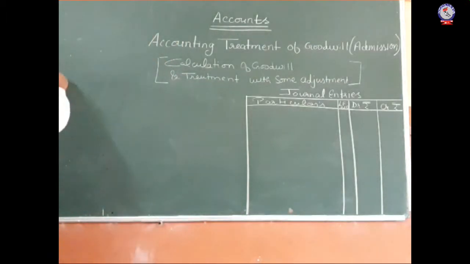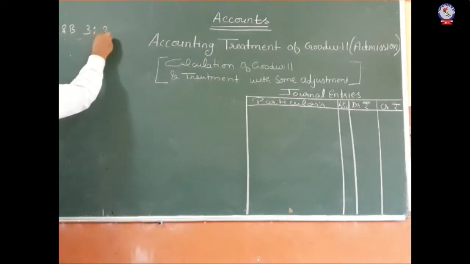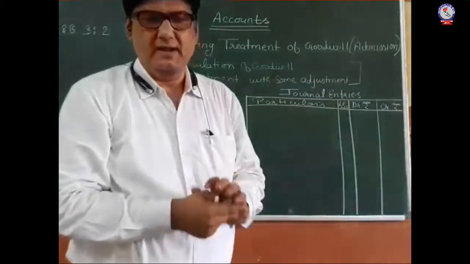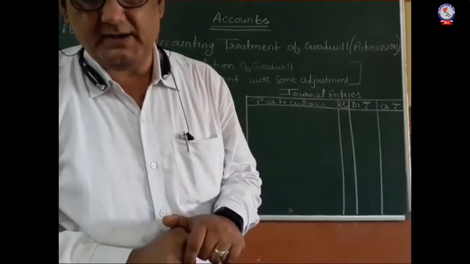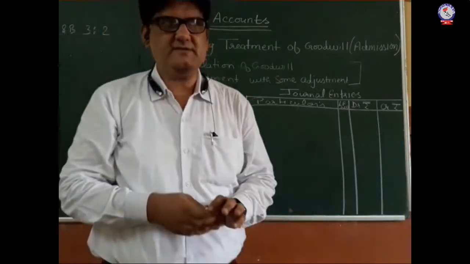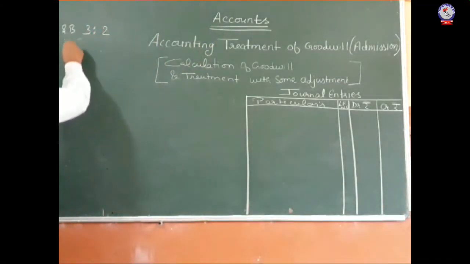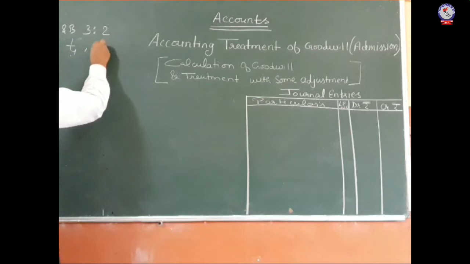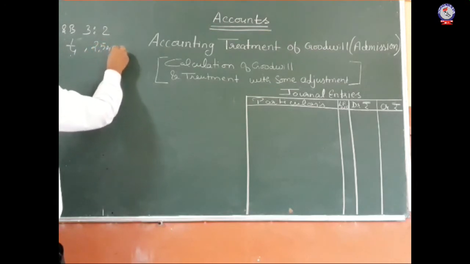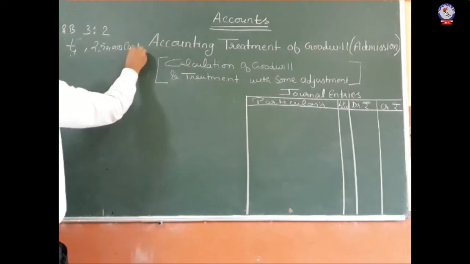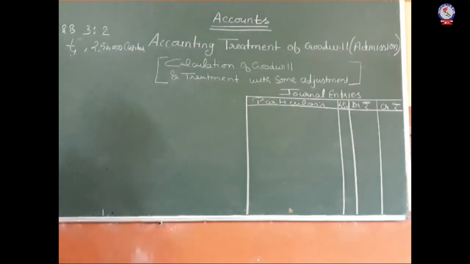There are two partners, A and B. Now they admit C. C is admitted in the partnership for a 1/4 share, for which he brings 2,50,000 rupees as capital. This is the amount brought by C as a capital amount.